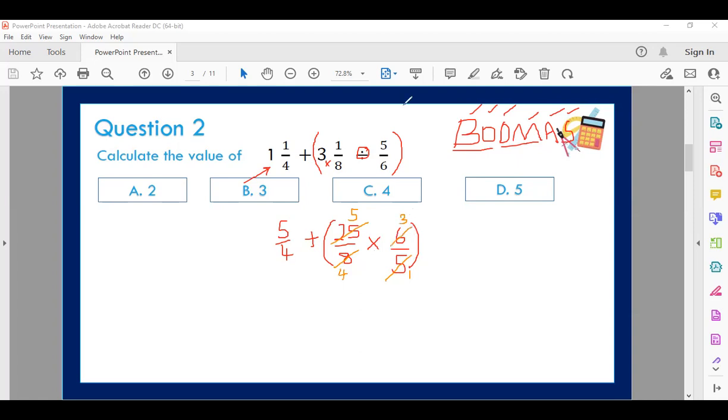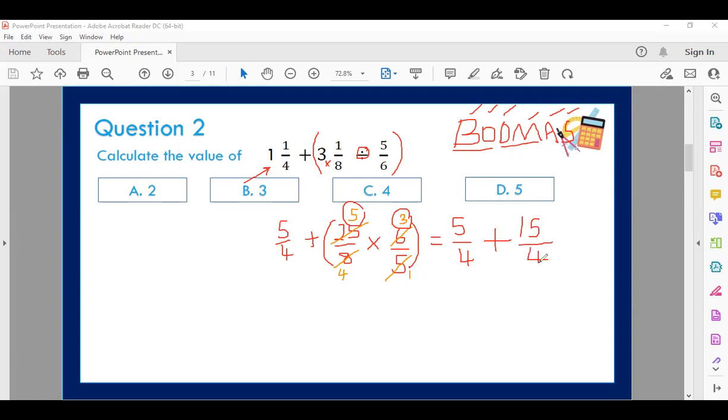Now, with so many numbers here, I would rewrite this fraction again. So it's again 5/4. Don't forget that 5/4 plus, what's the answer that we have here? 5 times 3, which is 15 on top, over 4 times 1, 4.